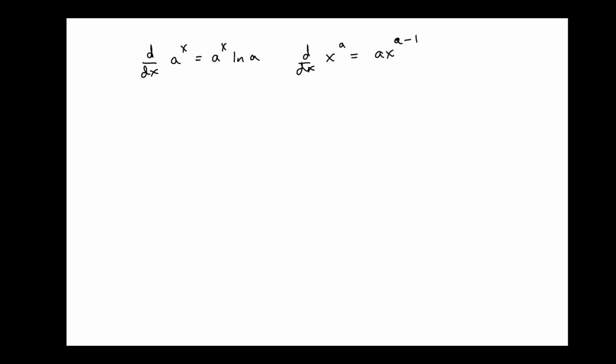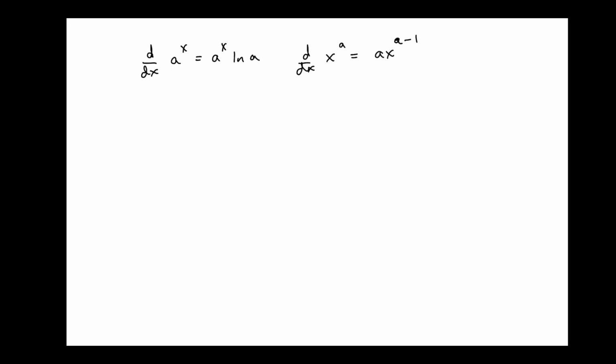And like we were talking about a minute ago, how do you know which situation to use? The one on the left, what's the base? It's a number. What's the exponent? The variable, or something in terms of the variable. Whereas for the power rule, the base is the variable, and the exponent is a number. So you see how they're kind of flippy-flopped, and accordingly have two different basic rules.